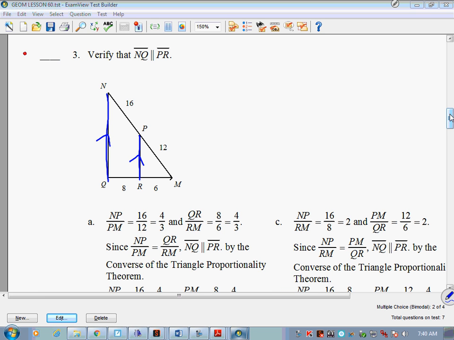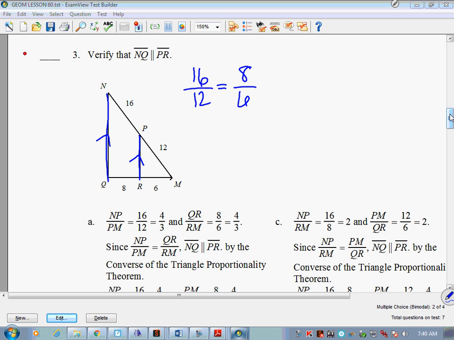So we need to check and see if it's proportional. So we're going to do 16 over 12 and see if that is equal to 8 over 6. Well, you could cross multiply and divide, or we could reduce both fractions.